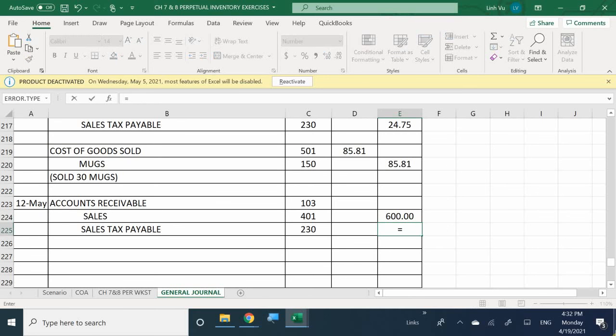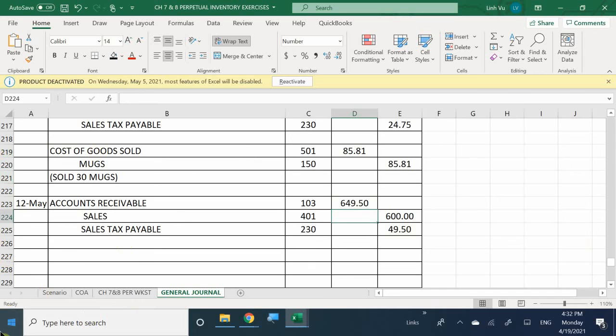Okay. So now I need to calculate my tax. So how much tax? 49.50. 49.50. Good. All right. So now, how much does customer B owe us in grand total? $649.50. $649.50. All right.